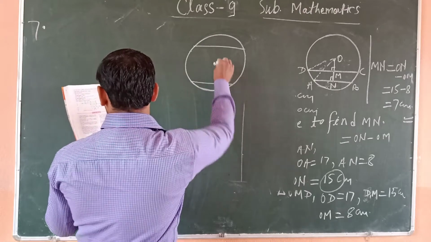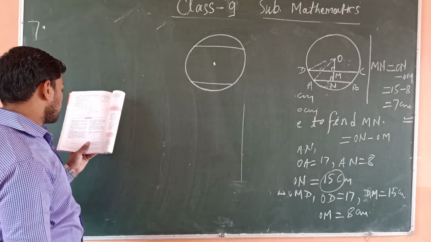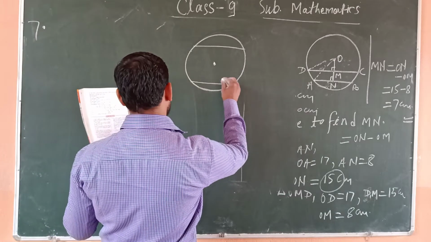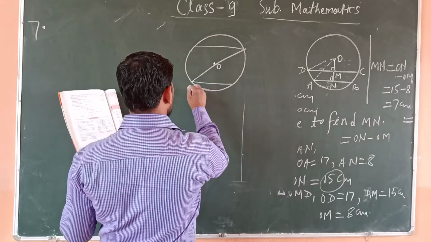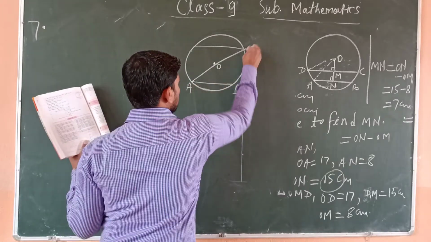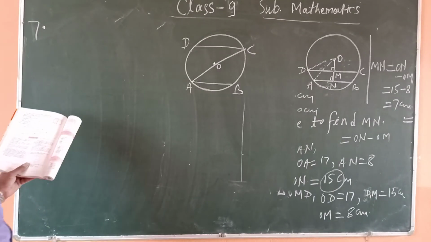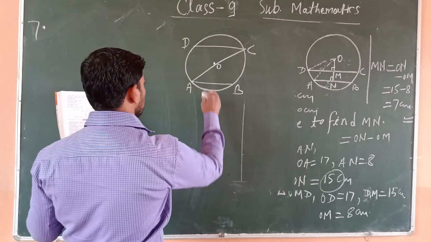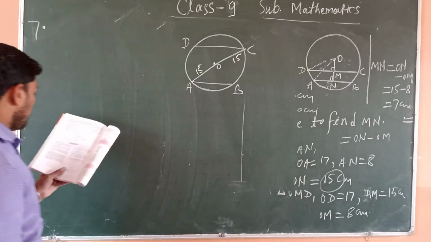Suppose there is the center O. AOC is a diameter. The length of the diameter is 30 centimeters. So OA will be 15 and OC will be 15.